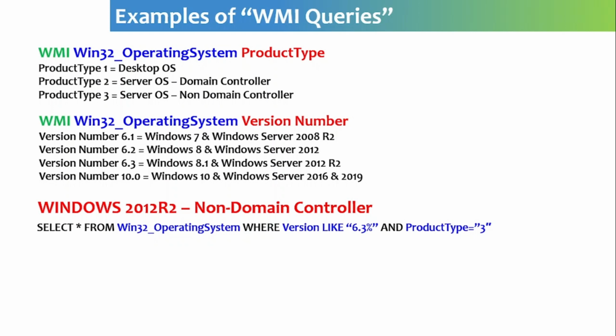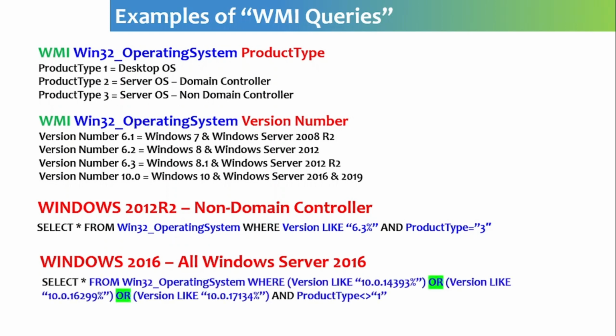So let's make it a little more complex now. Let's say we want all Windows Server 2016, domain controllers and non-domain controllers, everything. The query is somewhat complex over here. So select from Win32_OperatingSystem where version like 10.0.14393 or, so we are using a lot of OR operators over here. I'll let you know why we are using OR operators, and product type, and if you see the sign over there, it's greater than and less than.